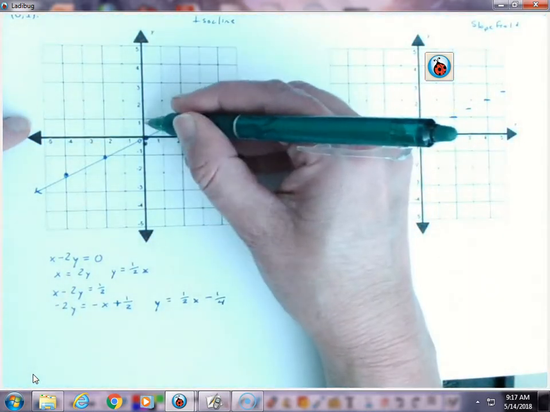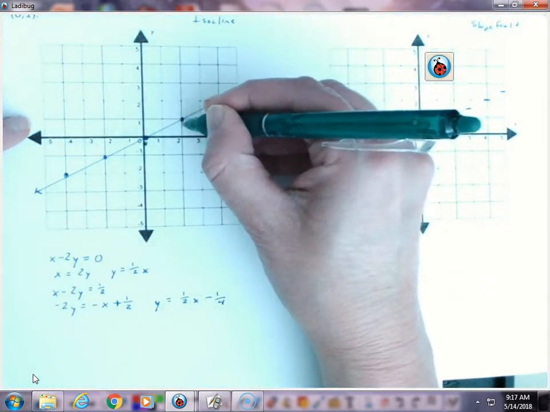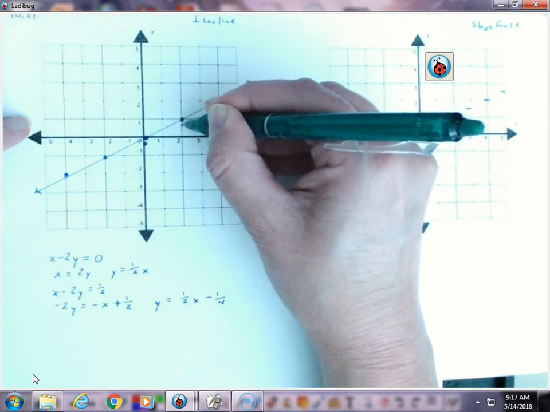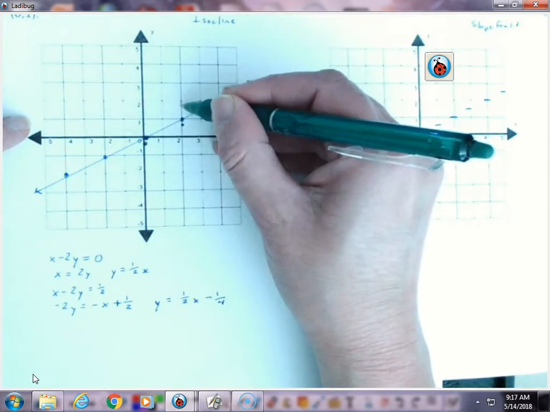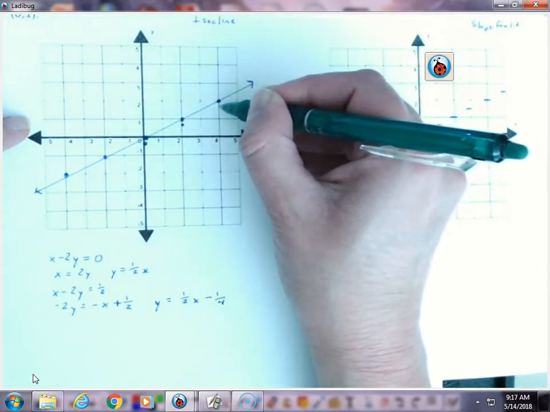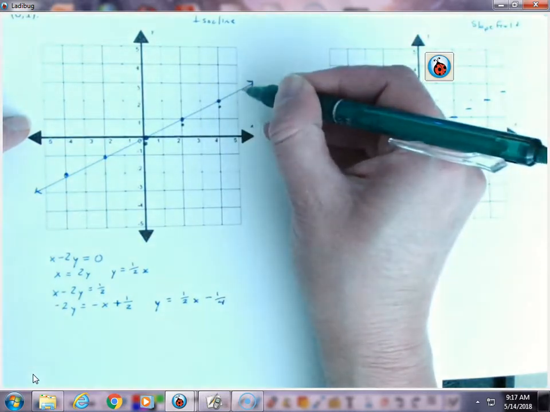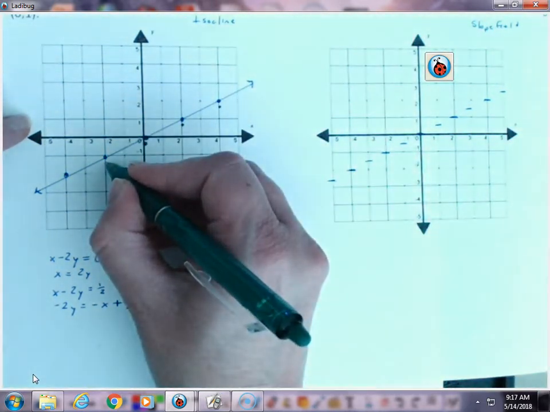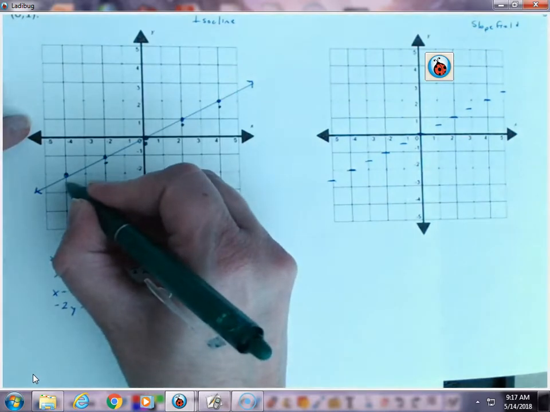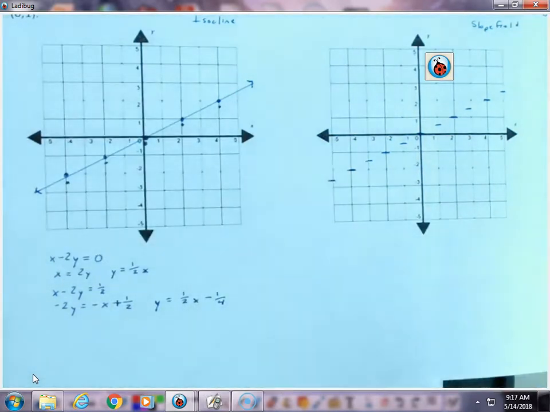You're just going to stay kind of right below it. Up 1 over 2, up 1 over 2. So you're really just kind of right below where you were over here. Okay, because you have the same slope, you're just down 1/4 from where you were before.